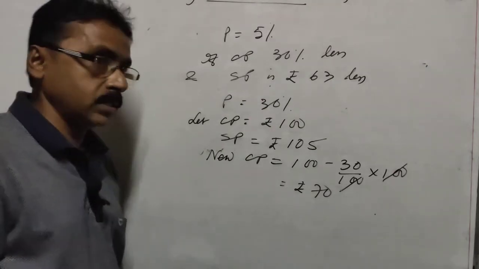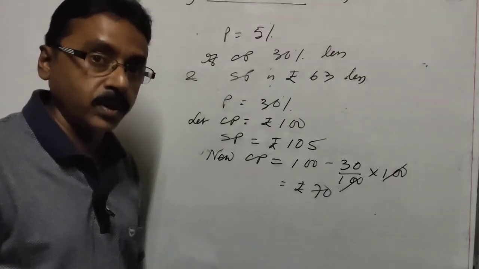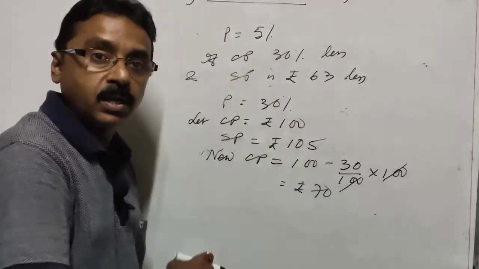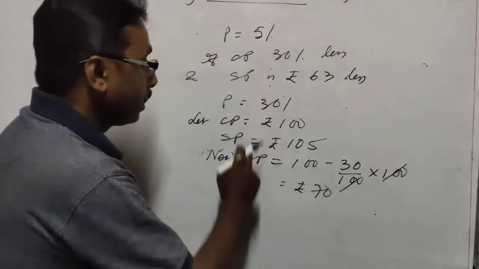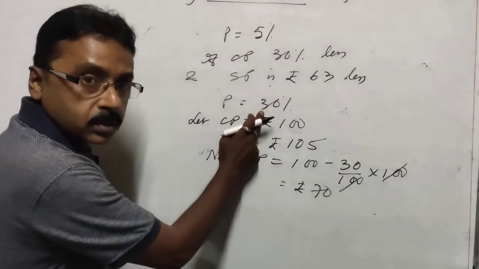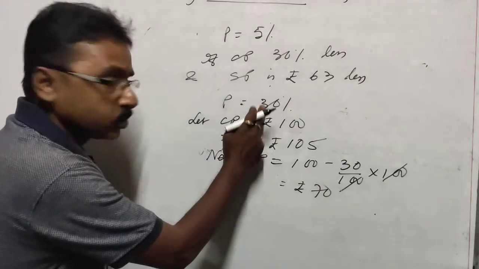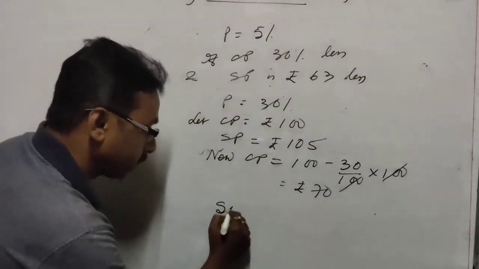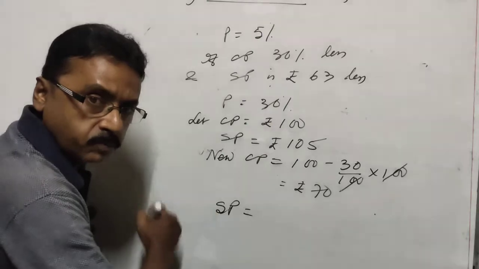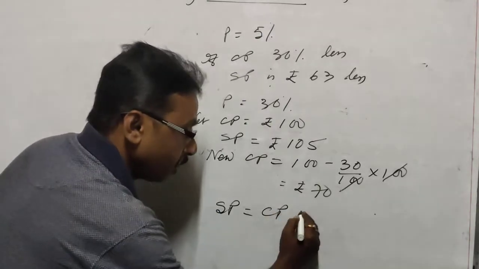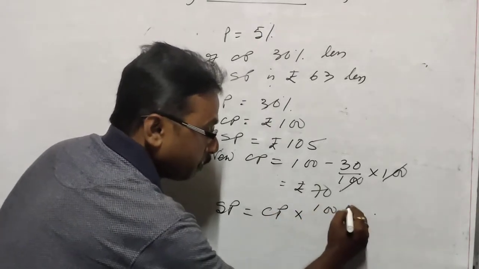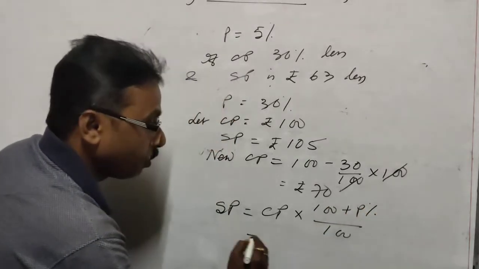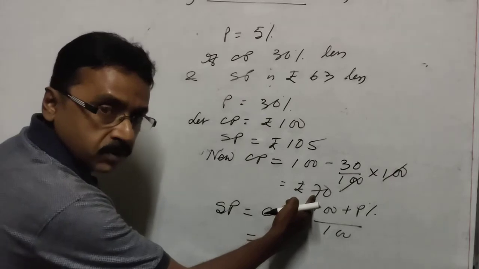Now what is the new SP? That we cannot find out directly because it is rupees 63 less than the original SP. Original SP we don't know, but the profit percent we know. It is 30%. So now let me find out the SP from here. I explained that we can find the SP by using the formula CP into 100 plus profit percent by 100. The new CP is rupees 70.